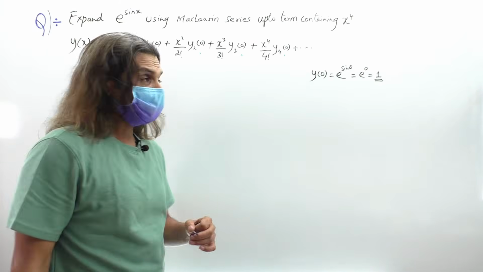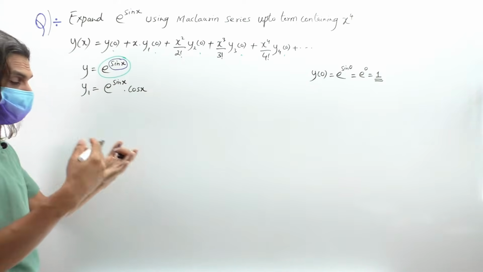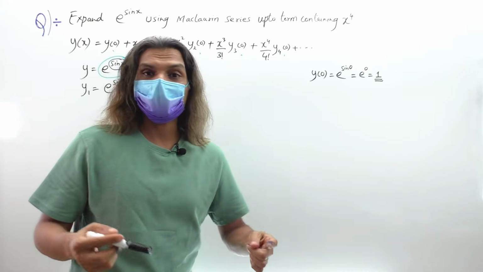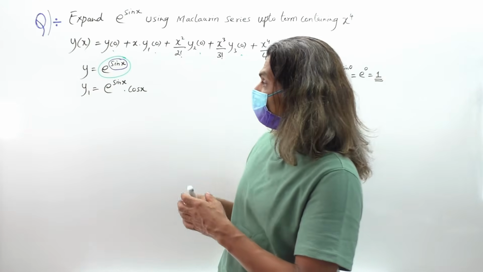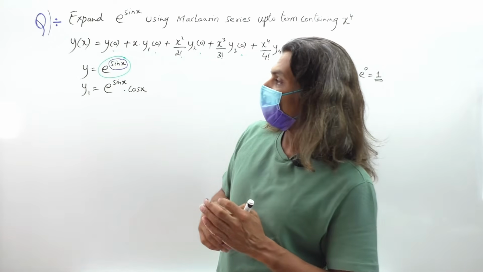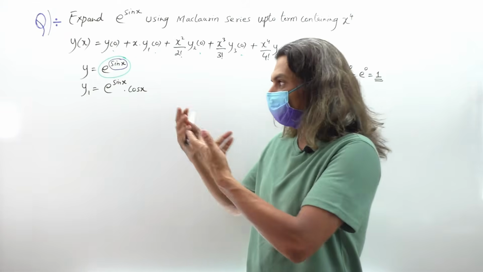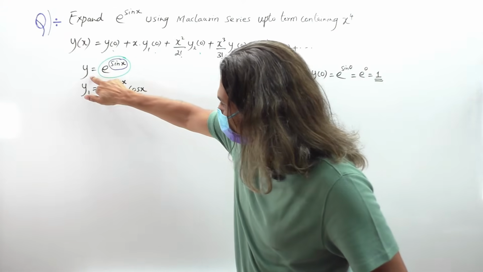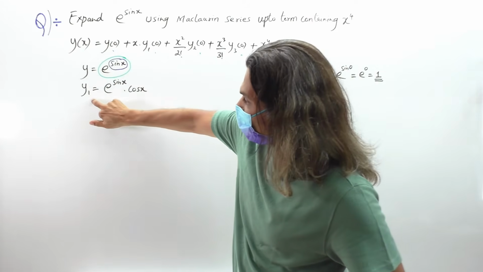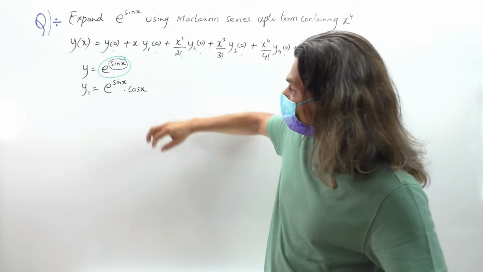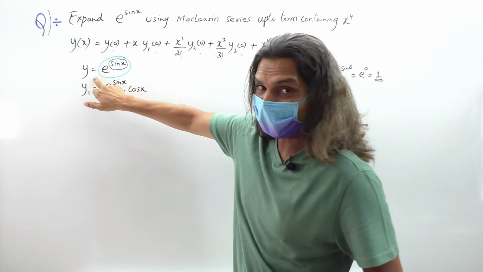Now, this can be written. See, in questions like Maclaurin series and other expansions, the easy concept of solving the problem will be hidden in the question itself. So now you found y is equal to e raised to sin x is given. So I got y1 is e raised to sin x into cos x. So see, what is e raised to sin x? This is y.